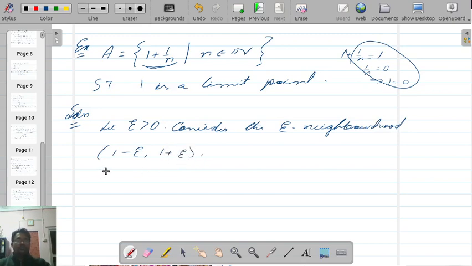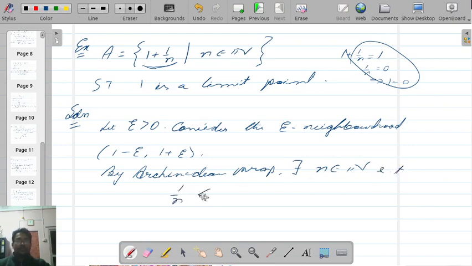By the Archimedean property, there exists a natural number n such that 1 by n is strictly less than epsilon. So what do I need? I need numbers of the type 1 plus 1 by n. So 1 plus 1 by n will be less than 1 plus epsilon, and 1 plus 1 by n is always greater than or equal to 1.